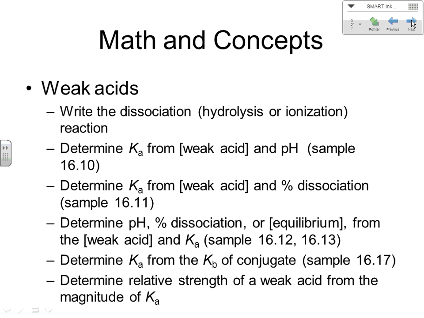Weak acid math, and this is where equilibrium math comes in. Be able to write the dissociation either as a hydrolysis or ionization. Typically, we like to go there, but you should be able to do both.